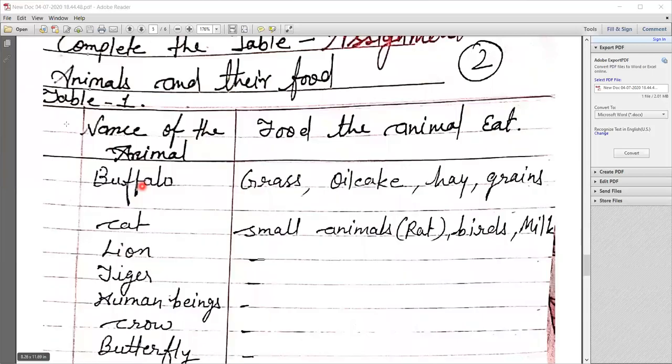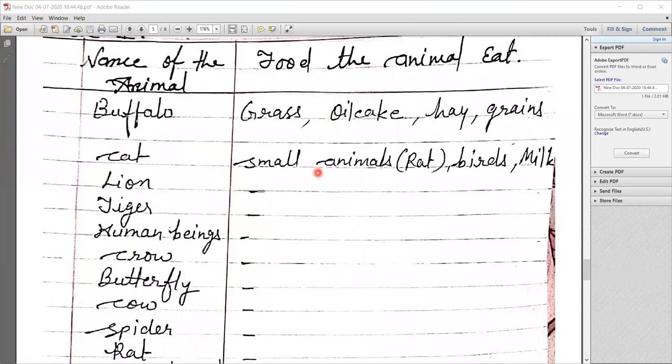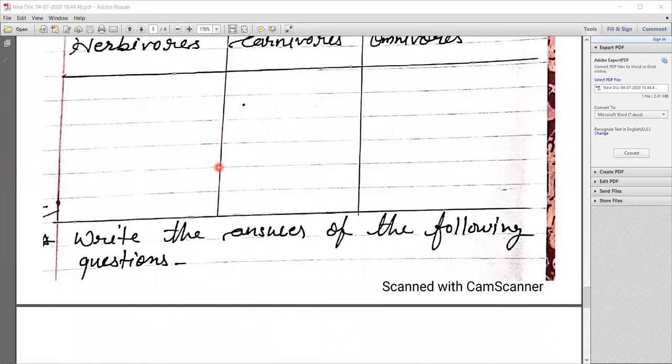In the first column, I have written the name of animals, and in the second column, the food which they eat. So here in column number 1, you can see the buffaloes. They eat grass, oil cakes.